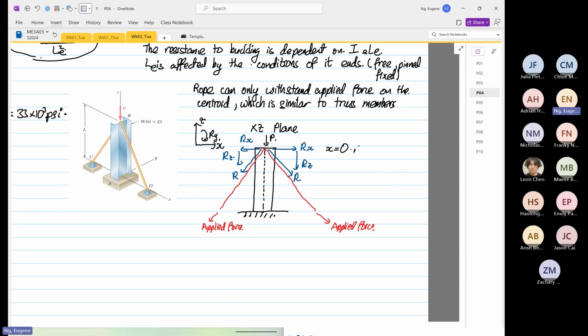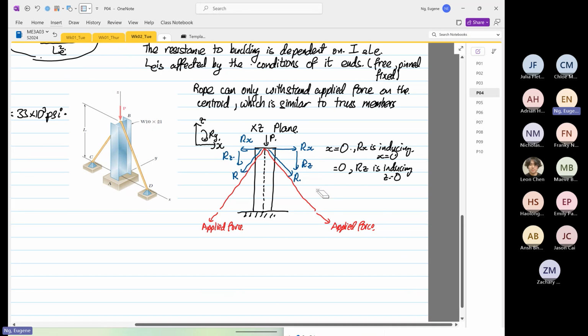So Rx is inducing X is equal to 0. Likewise, Rz is inducing Z is equal to 0. Sorry, I wrote the wrong thing.